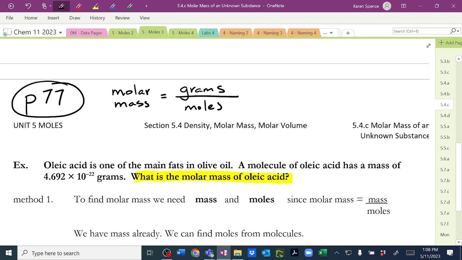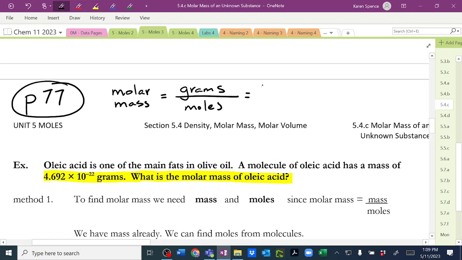Now, in the question, we should be giving you grams, and we should be giving you moles, or some way of finding those things. Are we given the grams in the question? Yes. We have it right there. So let's pop that into our equation.